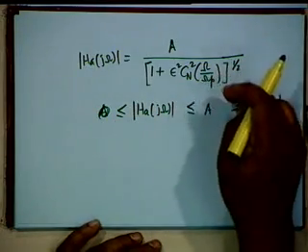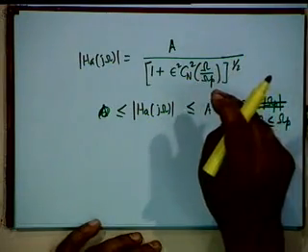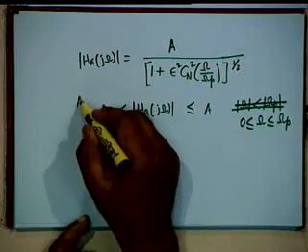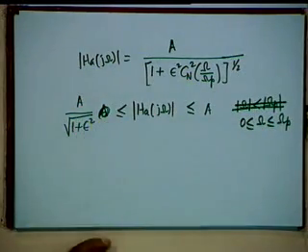The lower limit, when C_n is plus 1 or minus 1, we shall get capital A divided by the square root of 1 plus epsilon squared. Agreed?